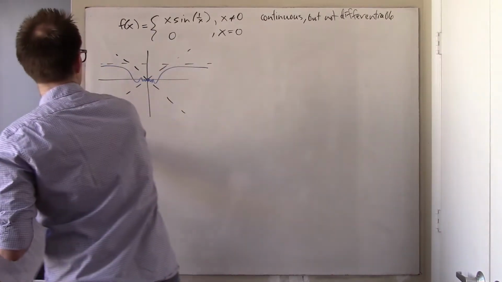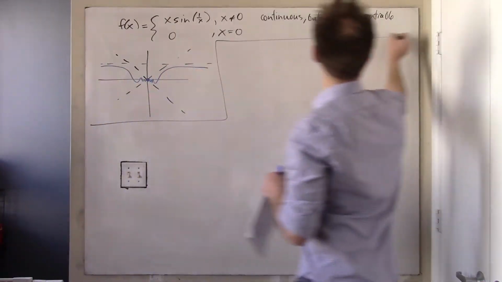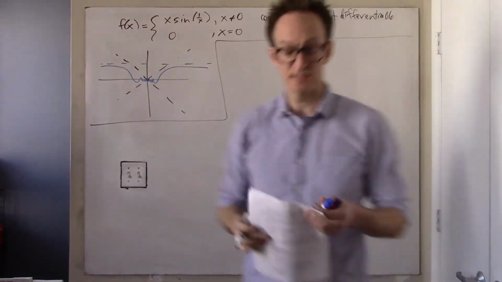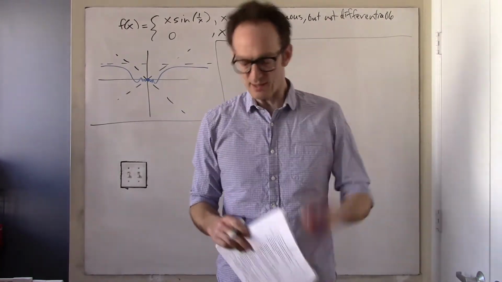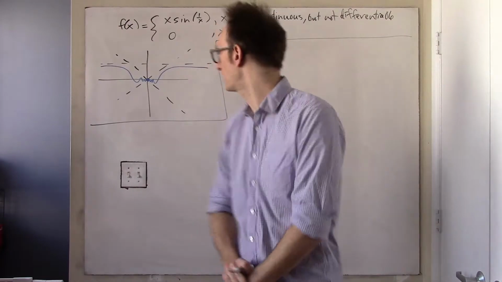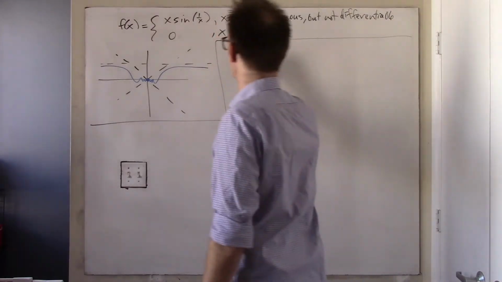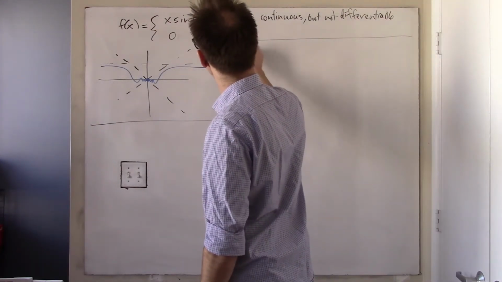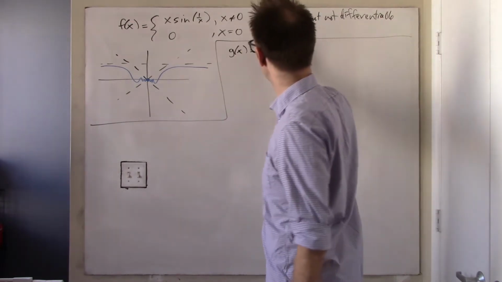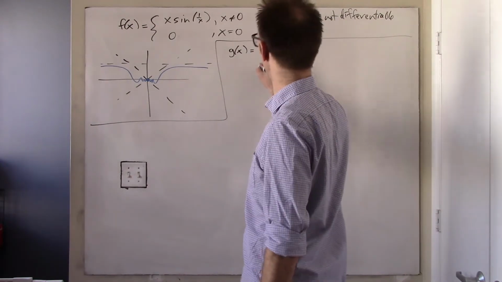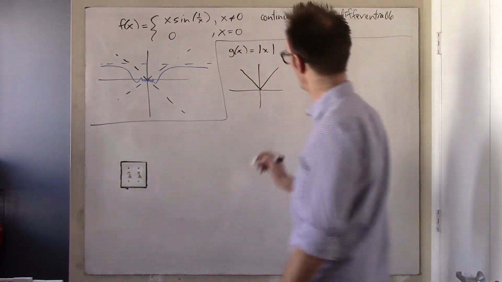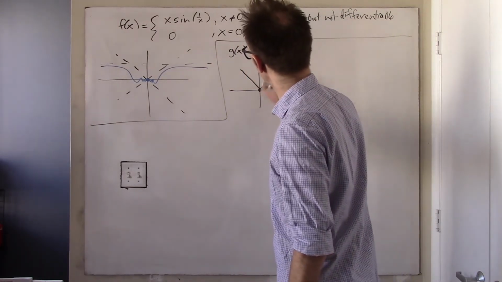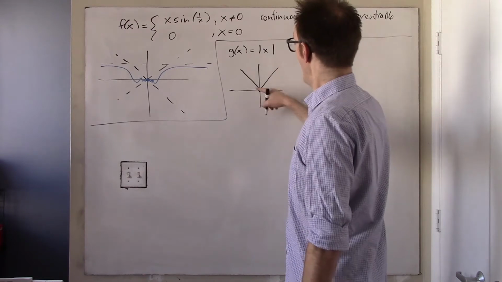Well, that's one example of a function which is continuous but not differentiable, and there are others in periods 3 and 4, but not in period 6. Unfortunately, we had this conversation about the absolute value function, which also is continuous but not differentiable. It's continuous at x equals 0.